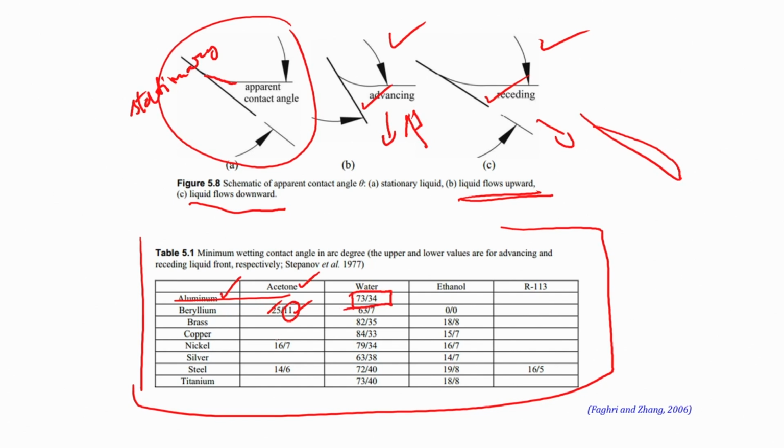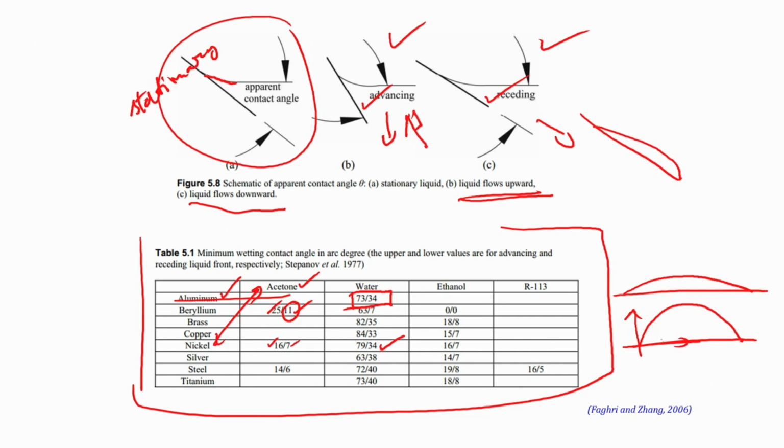Similarly, there are values given for the acetone nickel combination. These are very low values of the contact angle, that means it would translate to a very thin liquid layer, or a liquid cap like this. For water, however, the drop is more bulgy, but it is still below 90 degrees.